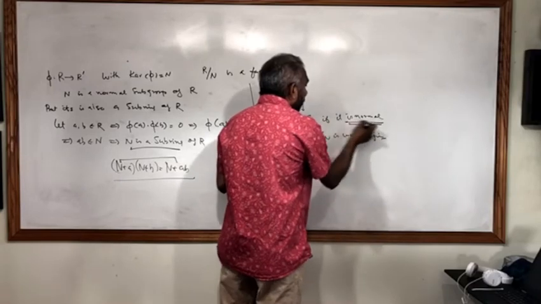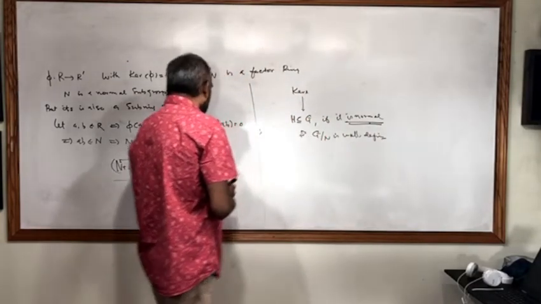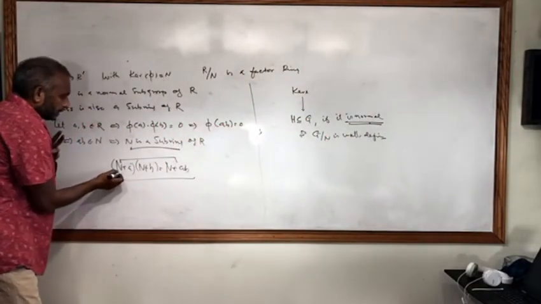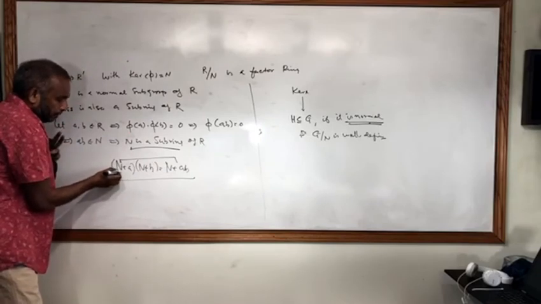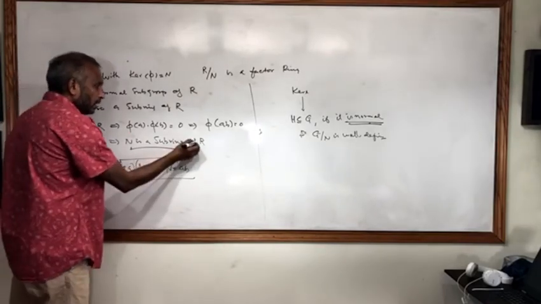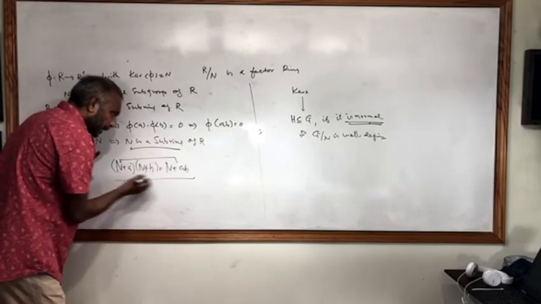This is the condition we put on any subgroup. Similarly, we are going to put some condition on N, where N is a subring of R, so that this multiplication is well defined.